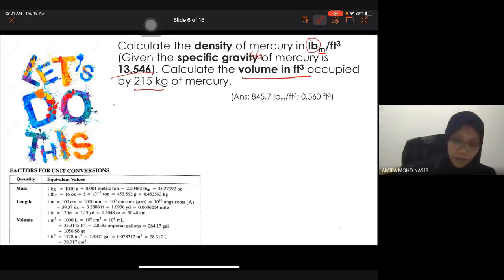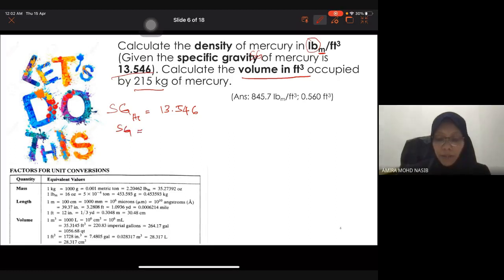So the specific gravity of mercury is 13.546, and we know the equation that correlates specific gravity and density is like this.